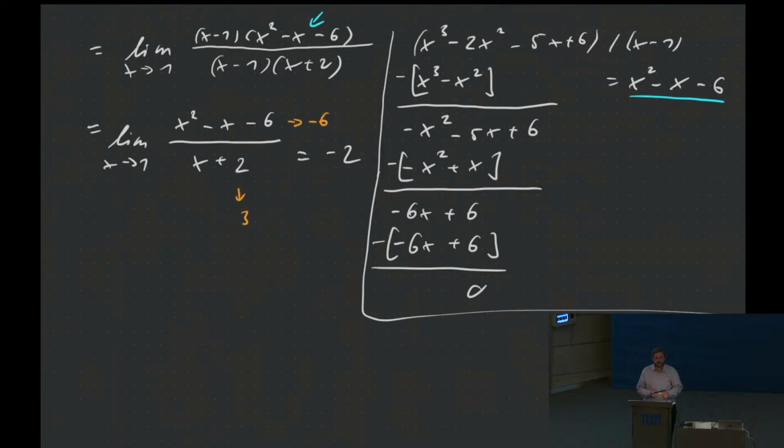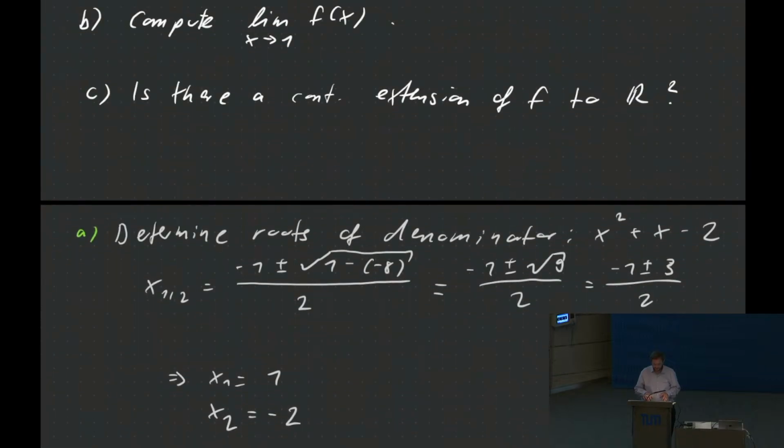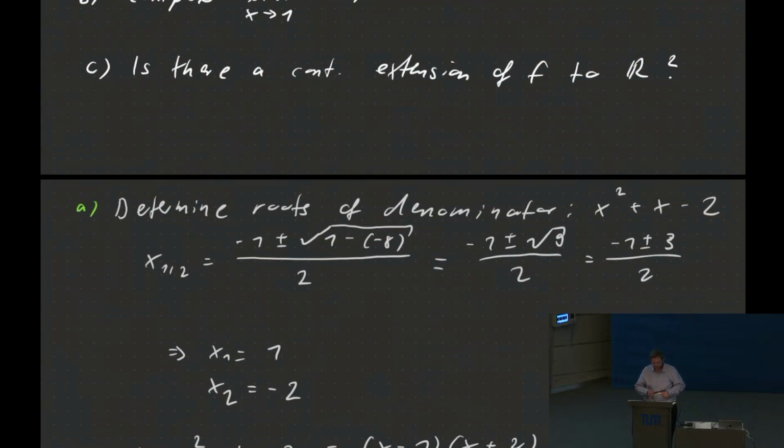All right, so the limit is minus 2. Any questions about that part? And let's go on with the final part here. So last question, part C, is there a continuous extension of f to the real line?